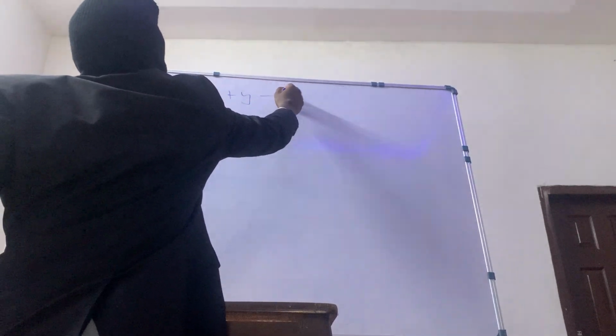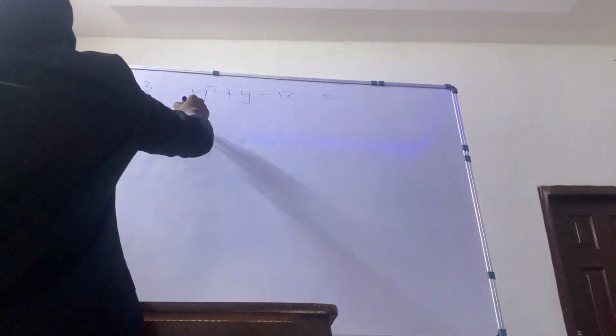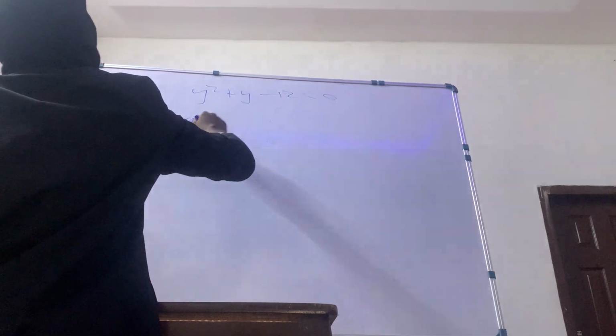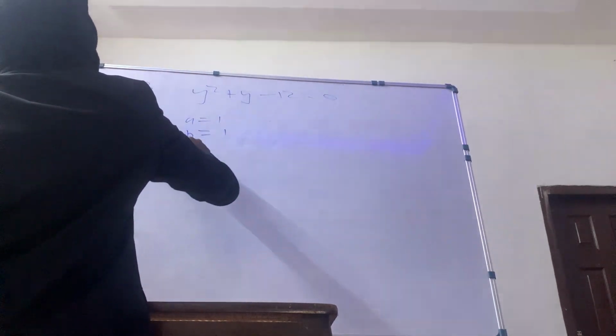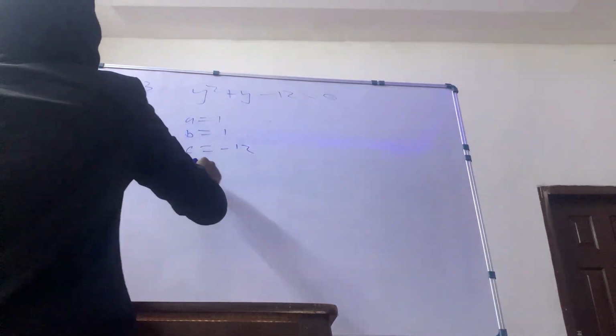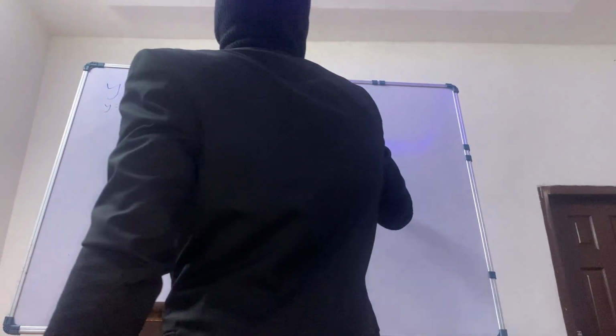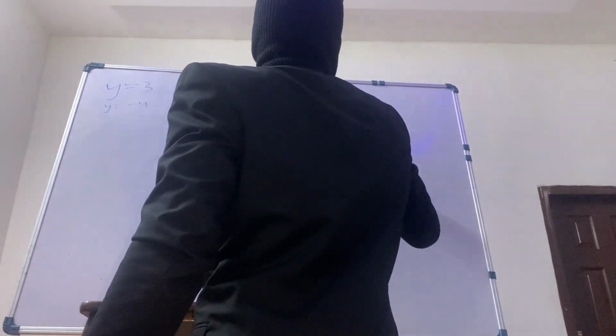So our equation was saying y squared plus y minus 12 is equal to 0. So a here is going to be 1, b is going to be 1, c is going to be minus 12. So x is equal to minus 1 plus or minus square root of 1 squared minus 4 times 1 times minus 12, over 2a, which is 2.